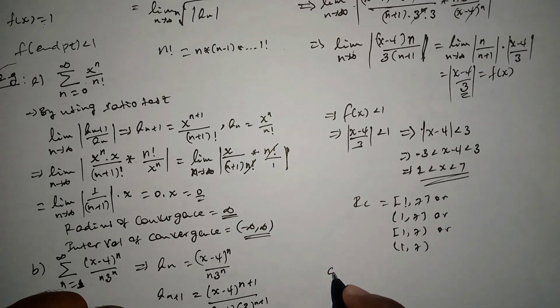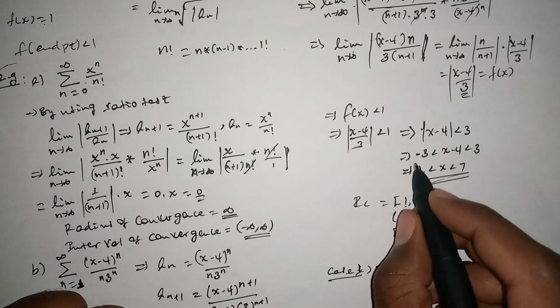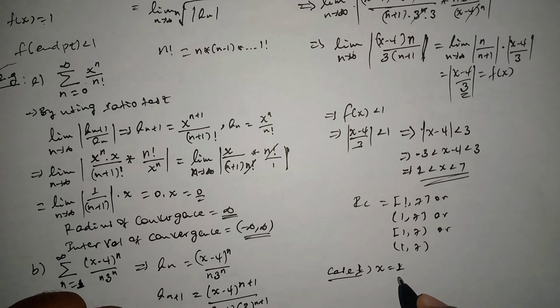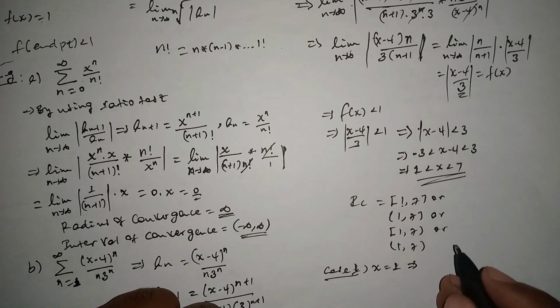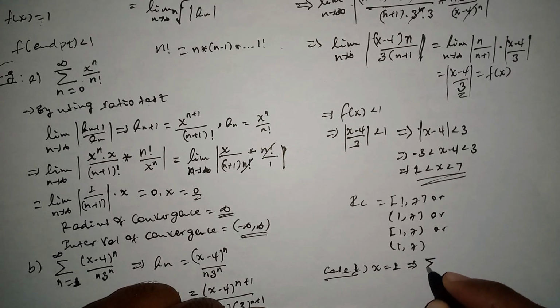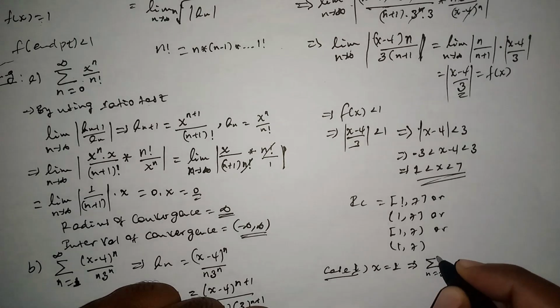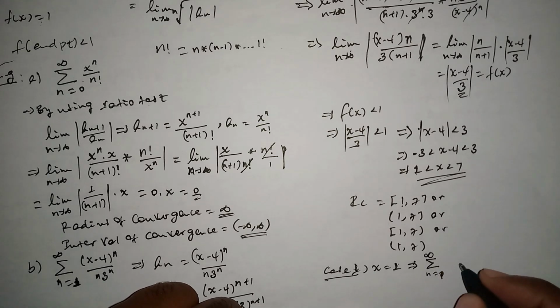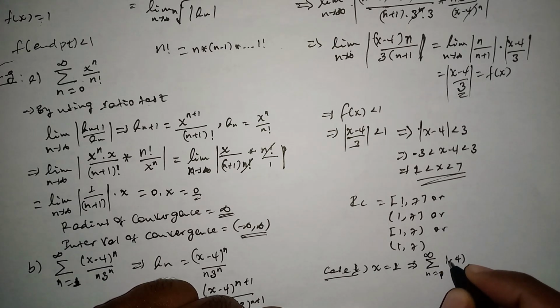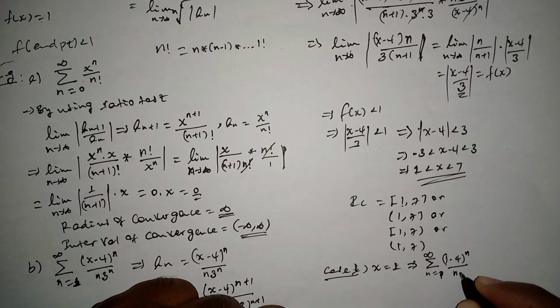Case 1 is when x equals 1, the first endpoint. This results in our power series being the summation from n equals 1 to infinity of (1 minus 4) raised to n over n times 3 to the power of n.